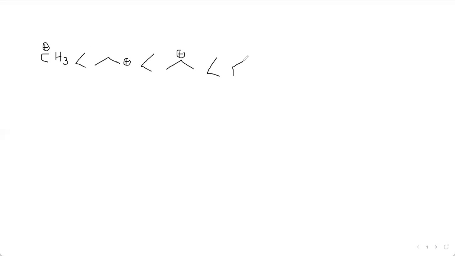After that is going to be primary benzylic, so a primary benzylic carbocation is more stable than a secondary carbocation. Okay, then it's tertiary. Tertiary by itself is more stable than primary benzylic. And then you have secondary benzylic and tertiary benzylic. So there's nothing more stable than tertiary benzylic.